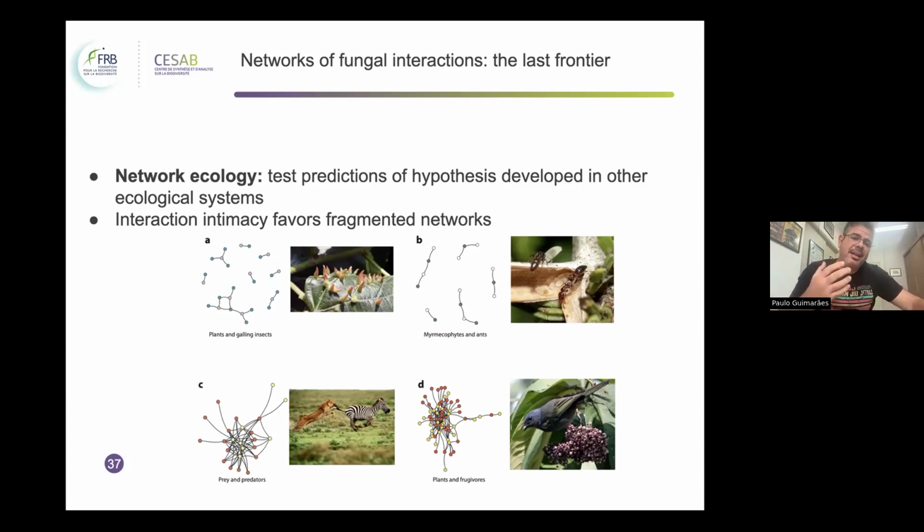Whereas the other interactions, in which one individual interacts with multiple partners across their lives, like predators feeding on different prey, or frugivores feeding on different fruiting plants, will lead to a connected network. So this is one hypothesis that we have in the literature.